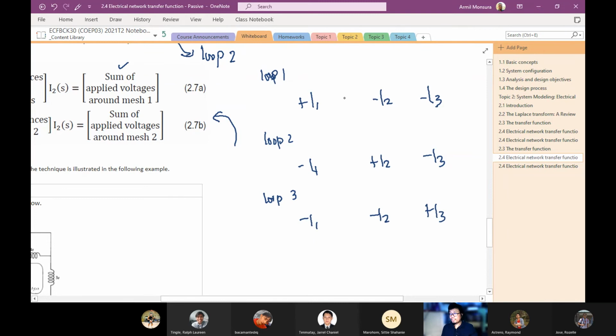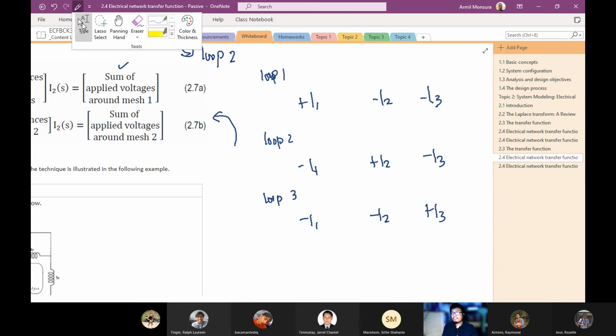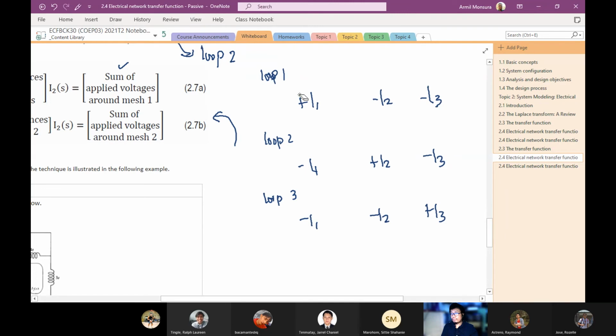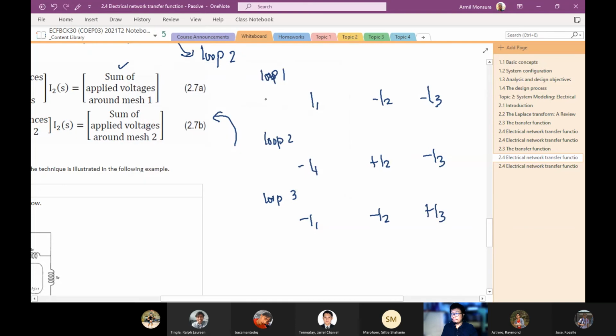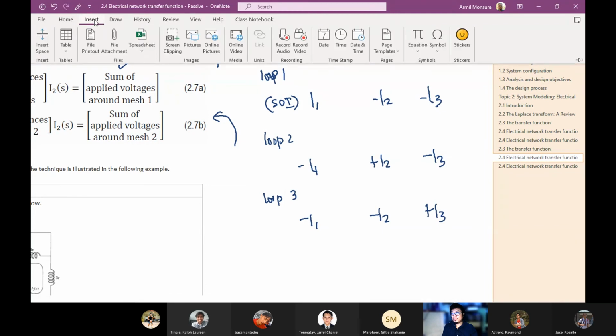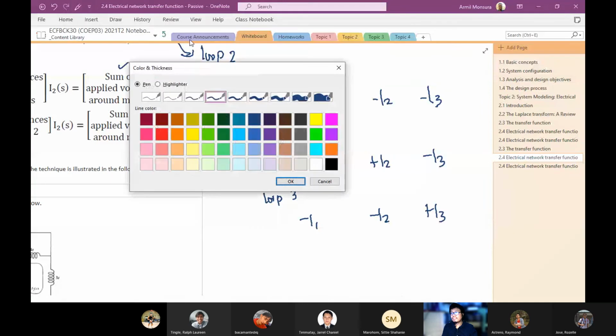Tapos, dito sa loop 1, ang hahanapin nyo para sa I1 ay sum of impedances, while dito sa I2 is the sum of common impedances.